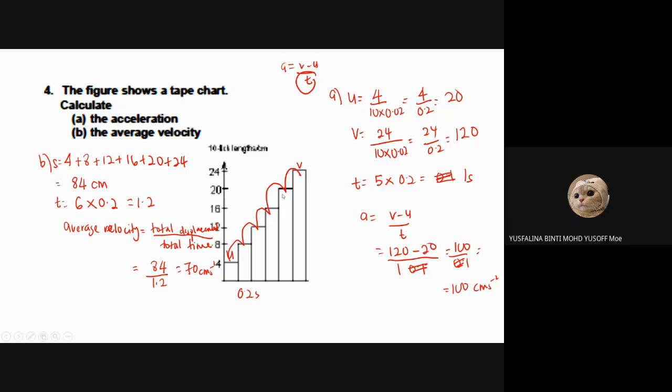You have to calculate how many strips there are: 6 strips. One strip is 0.2, so 6 multiplied by 0.2 gives you 1.2. Then you just substitute in the formula and you will get the answer 70 cms negative 1.